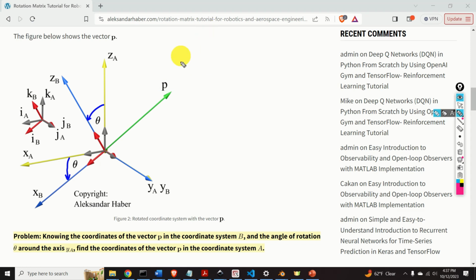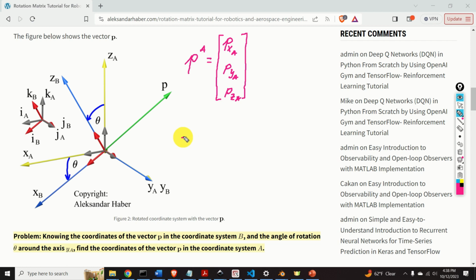To solve this problem, we need to introduce the following notation. The vector P with the superscript A is the vector P expressed in the coordinate system A, and with the coordinates, that is, with the projections PXA, PYA, and PZA.